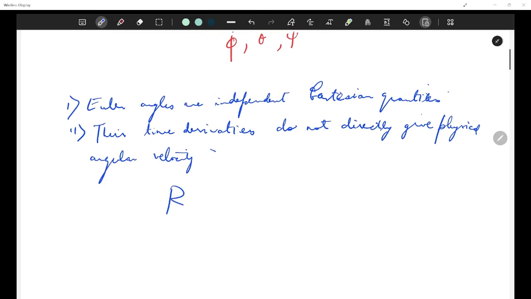How do we derive it? It is from the rotation matrix. Okay, so from here, let's start.